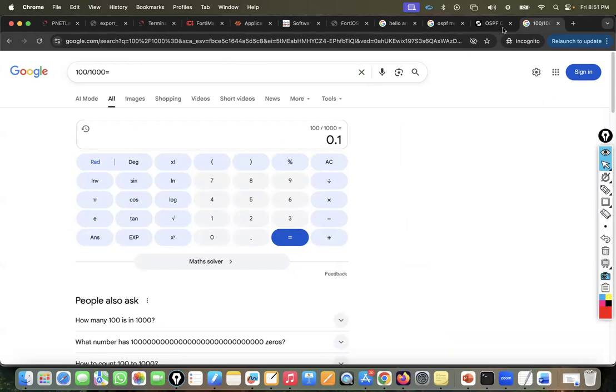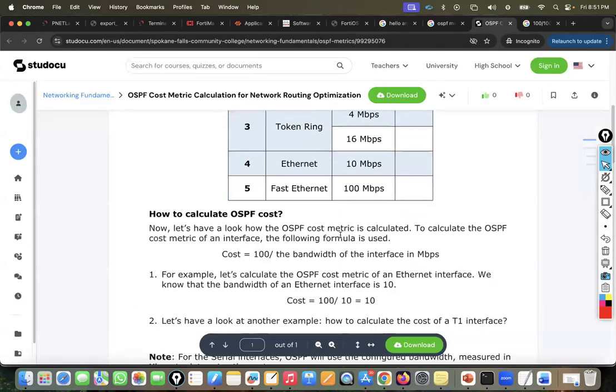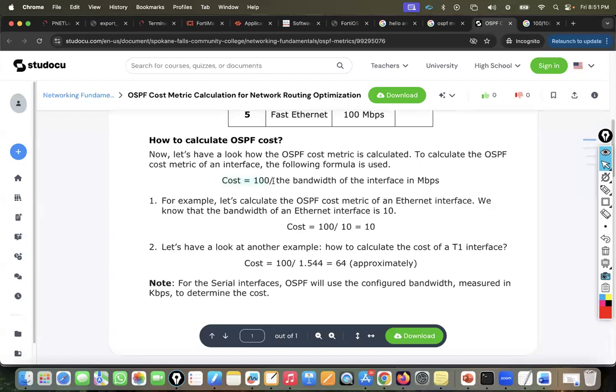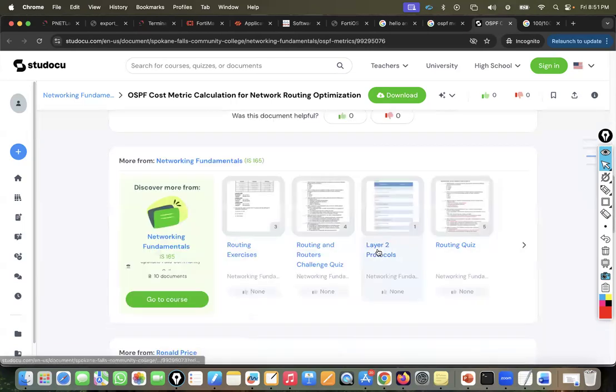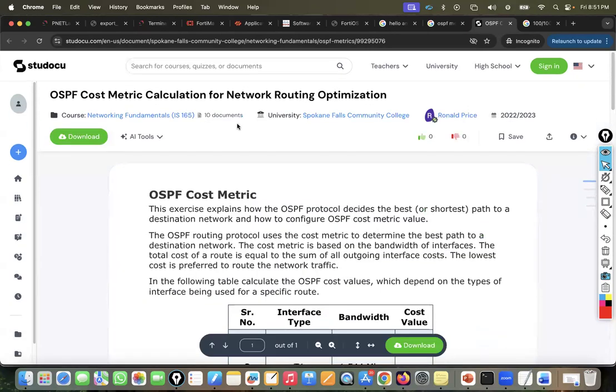Clear? The formula is the reference bandwidth divided by the link bandwidth. If it becomes a fractional value, just go to the nearest value. Is the calculation clear?